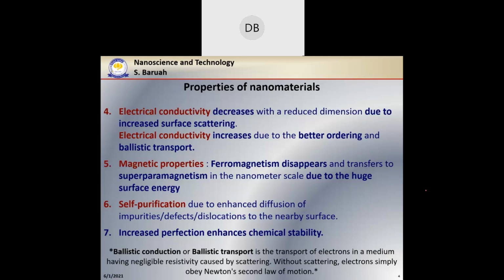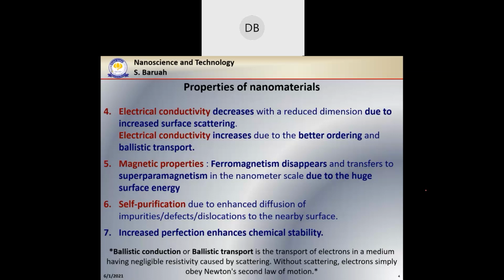Now, electrical conductivity also increases due to better ordering and ballistic transport. These are two different situations, so ultimately the result is a combination of the two. For one reason, because of scattering, the electrical conductivity decreases, but because of the better ordering, meaning the arrangement of the atoms, as it goes smaller and smaller, you find that the atoms are more precisely placed in the right positions.